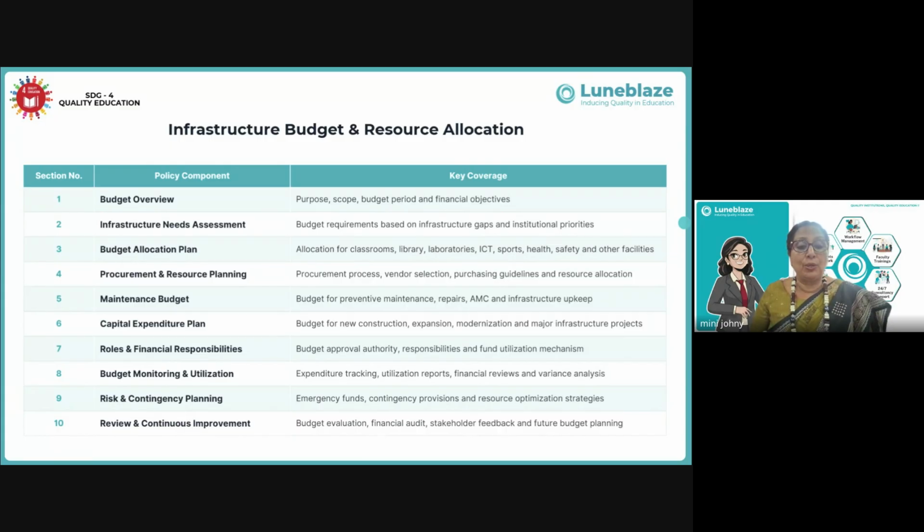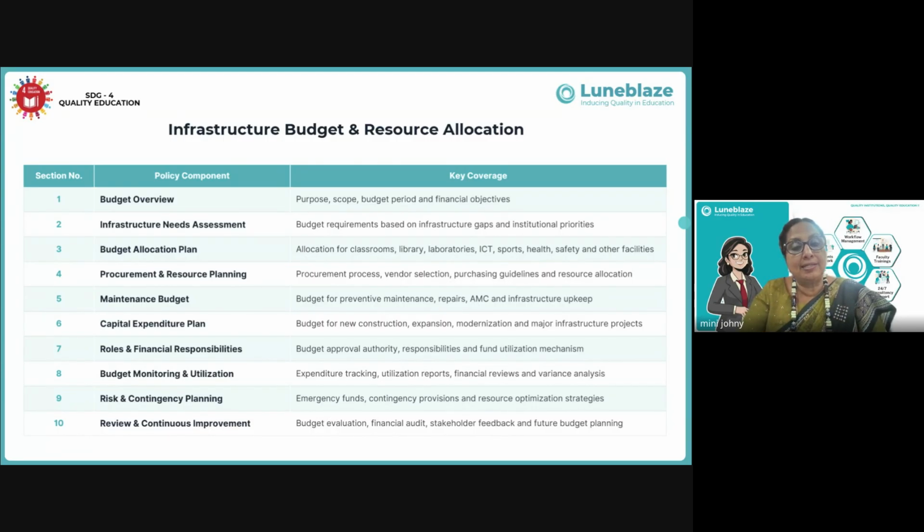Budget monitoring and utilization, expenditure tracking, utilization reports, financial reviews, and variance analysis. We should be very careful, or very expert, in analyzing our budget, monitoring our budget as well as how it is utilized.